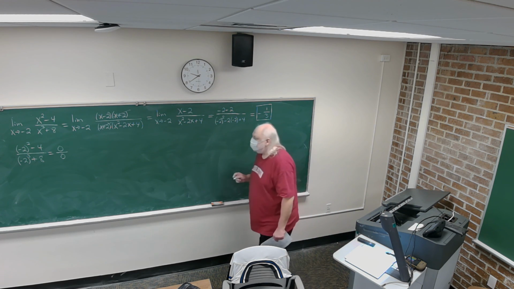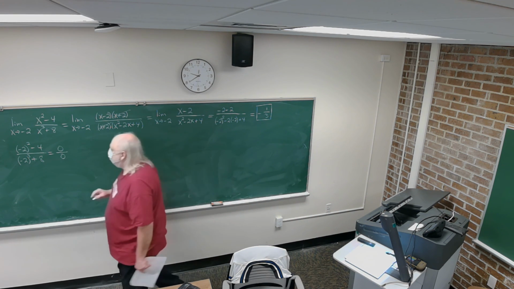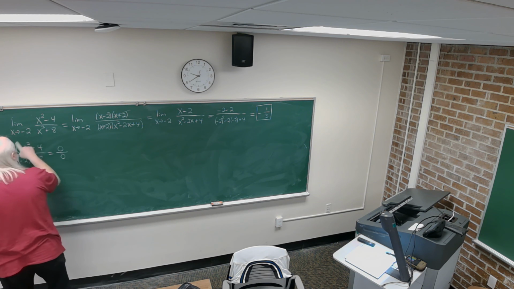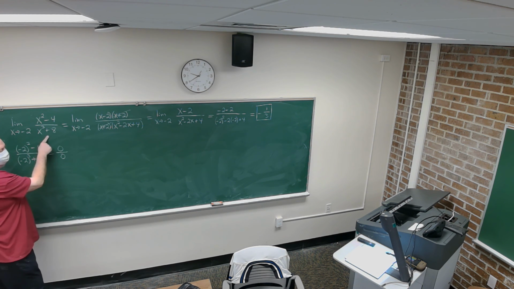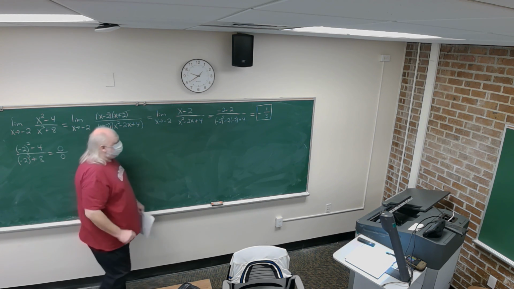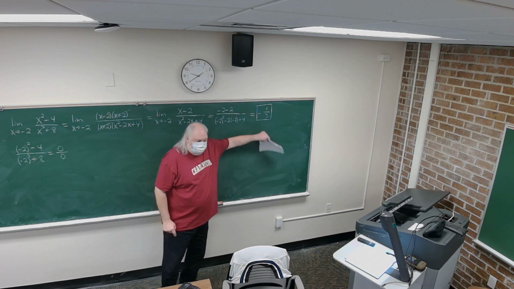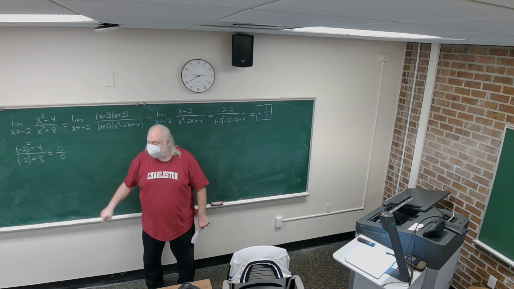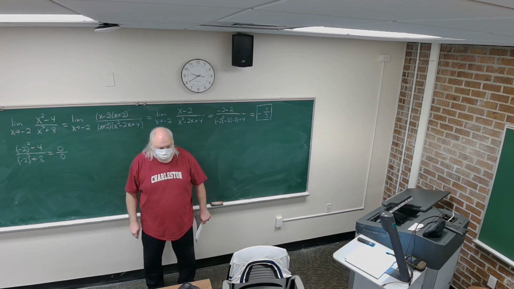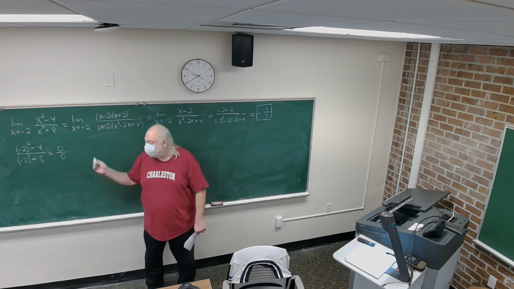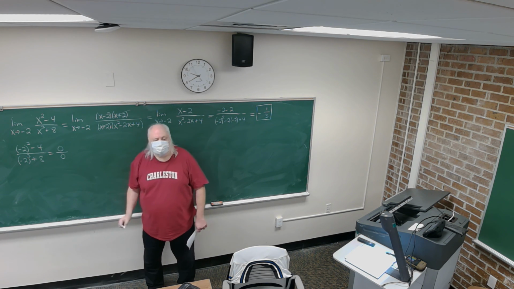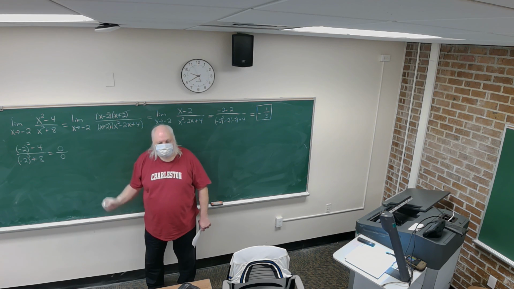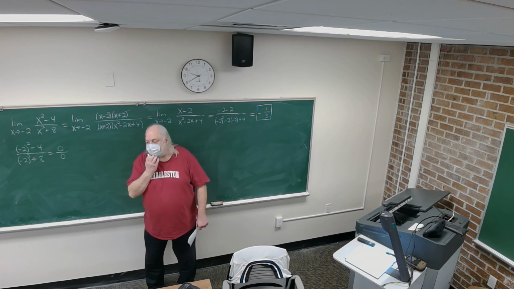So that says the closer x is to minus 2, the closer the value of the function is to minus 1/3, even though the function is undefined at x equals minus 2. So remember, limits tell us what the value of the function is near a particular value of x, not at a particular value of x.